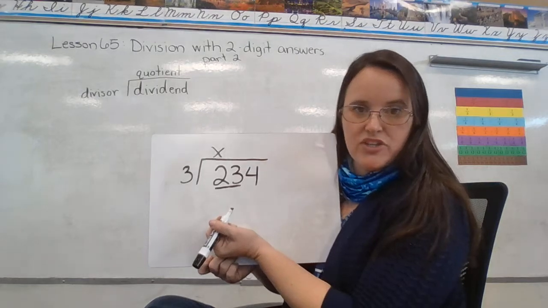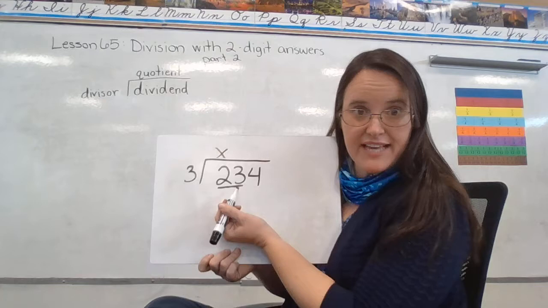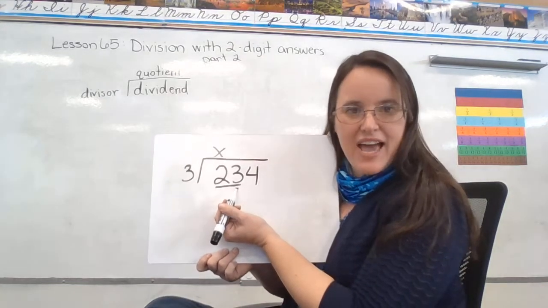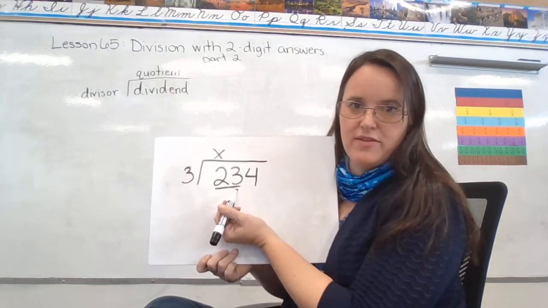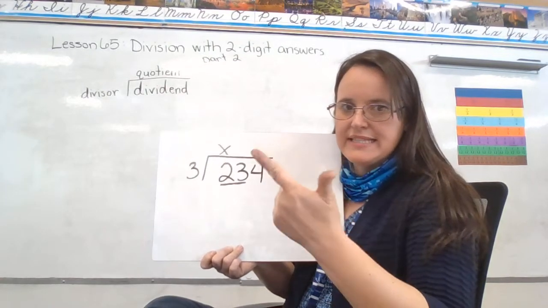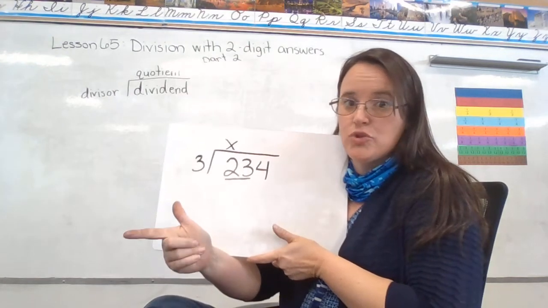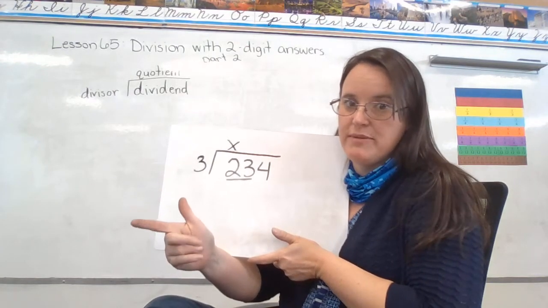So now our question is, can 3 go into 23? Yes, it can. How many times does 3 go into 23? Maybe I have to count by 3s, 3, 6, 9, 12, 15, 18, 21, 24. That'd be too many.